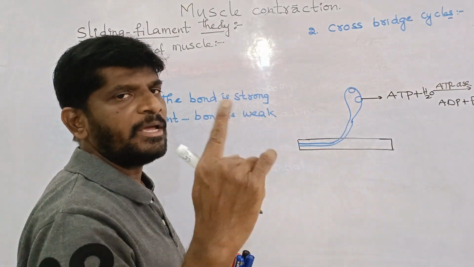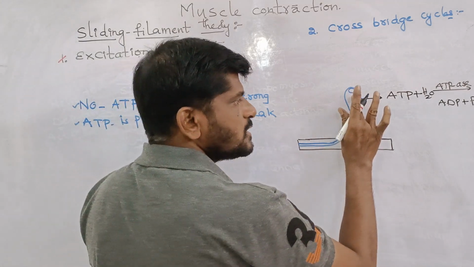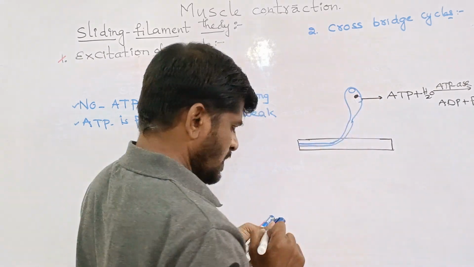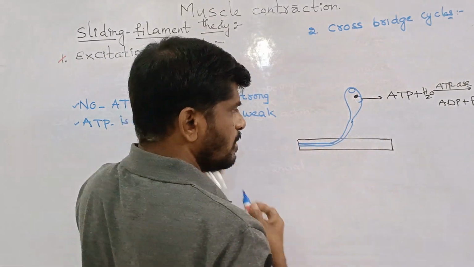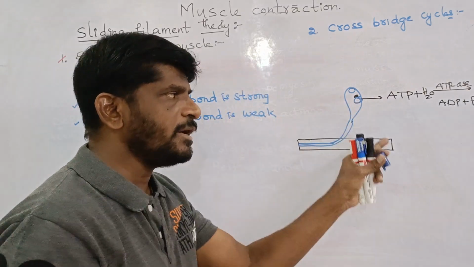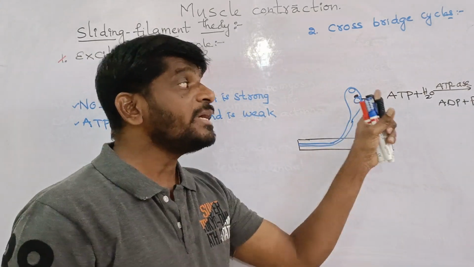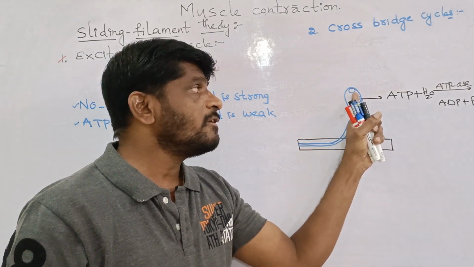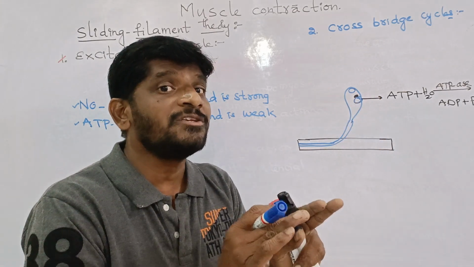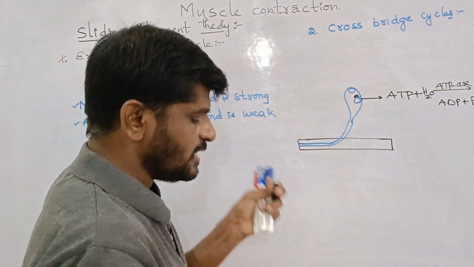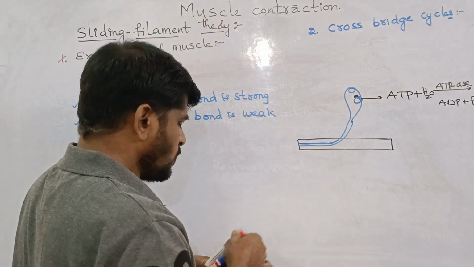This is the inorganic phosphate, and there is a molecule of ADP because of the ATP hydrolysis. When there is no ATP, because it is hydrolyzed into the inorganic phosphate and the ADP, the bond is strong. See this?